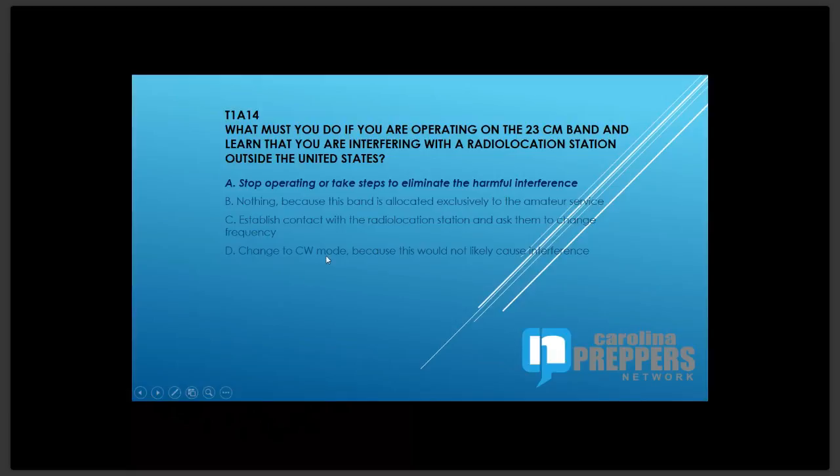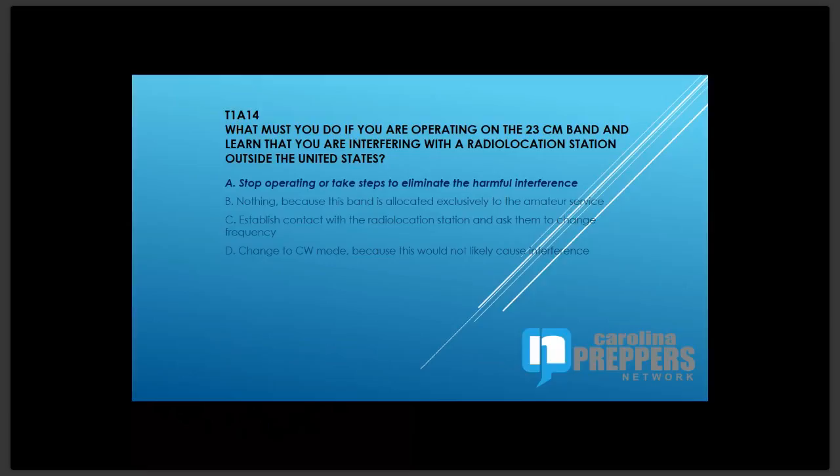What must you do if you are operating on the 23 centimeter band and learn that you are interfering with a radiolocation station outside the U.S.? This question is really easy to get you confused. You're being thrown 23 centimeter. You're being thrown radiolocation station. These are things you've never heard of.